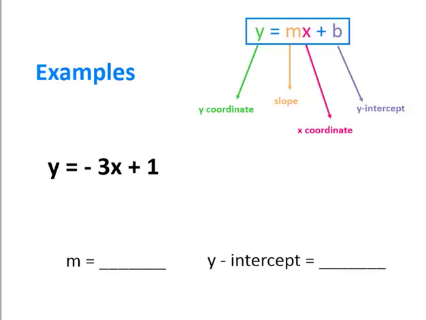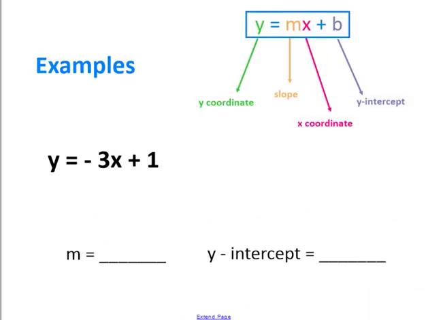All right, so what I want to do is start off pretty small here. I have the formula with the breakdown right up here at the top of each slide. I've given you a formula with some information, and all I want to do is pull out the slope, which is m, and the y-intercept. I've written out y-intercept, but really this is b equals, because that's what it is in the formula up here.